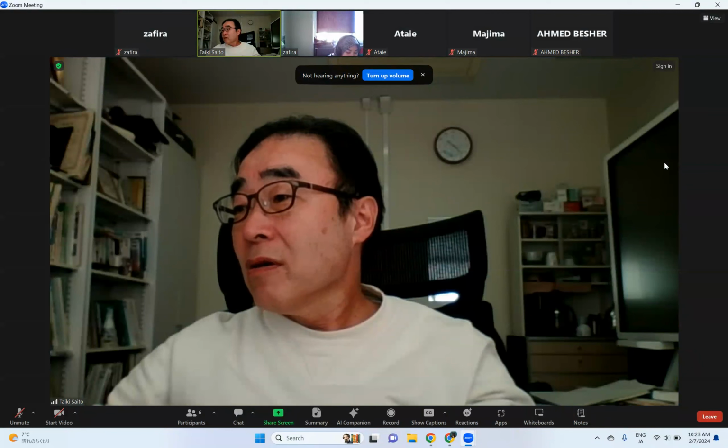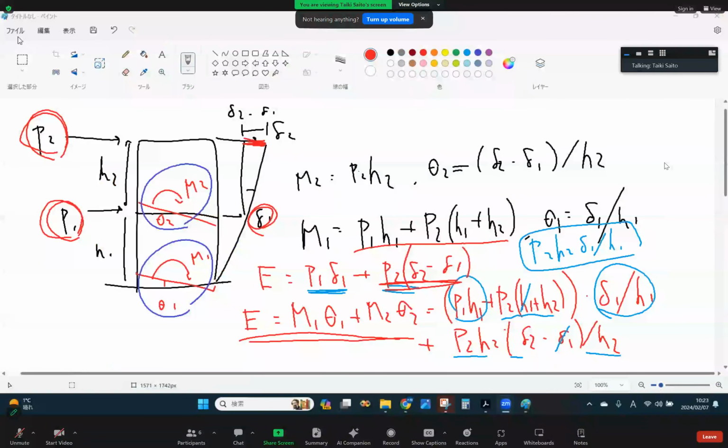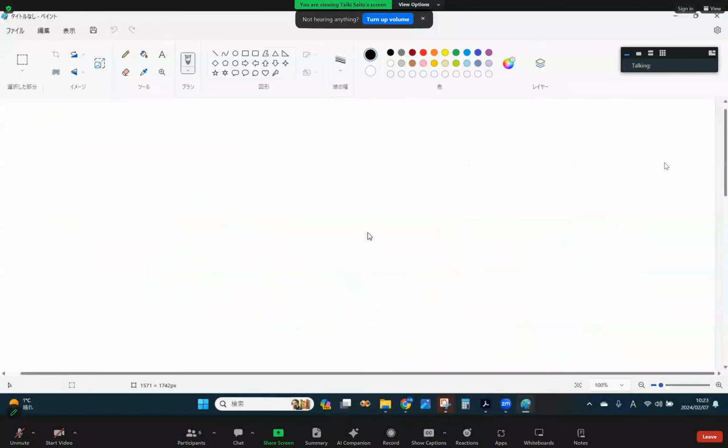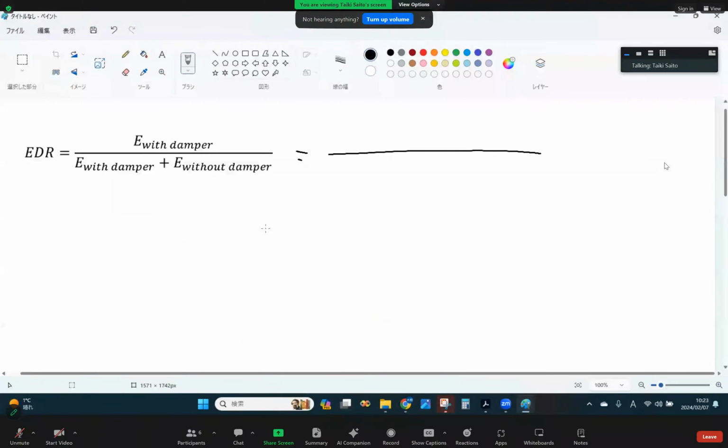So from your definition, this is your definition, right? Yes. So you can write the definition like this: 1 plus energy with damper and energy without damper.